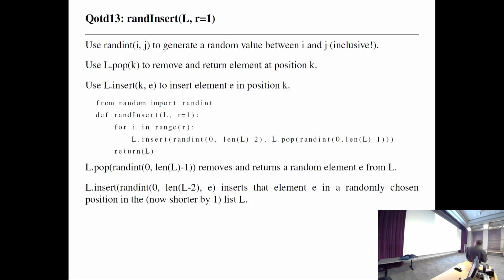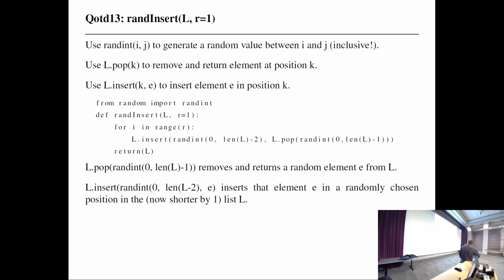So the first argument that I actually evaluate is this randint. And I have to be careful that I subtract 2 from the length of L, the original length of L, because otherwise I may end up, by chance, trying to insert this removed element in a location that no longer exists in the list, one beyond the end of the list. So this length of L minus 2 here is evaluated before the length of the list is changed by the pop. You understand?